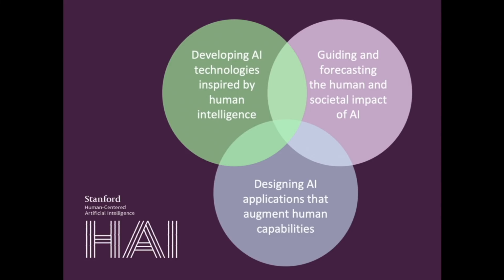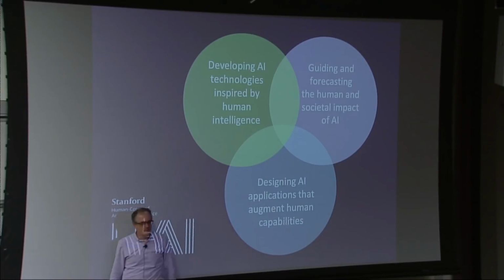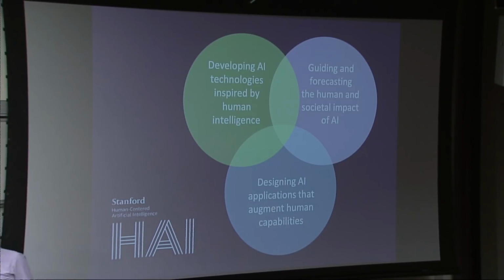Then down the bottom is something where there are enormous opportunities to do more, which is how can we build technology that actually augments human lives? To some extent we've got AI augmenting human lives. All of your cell phones have speech recognition in them now, so that's AI that can augment your lives.